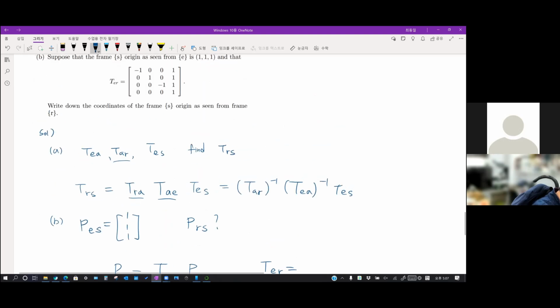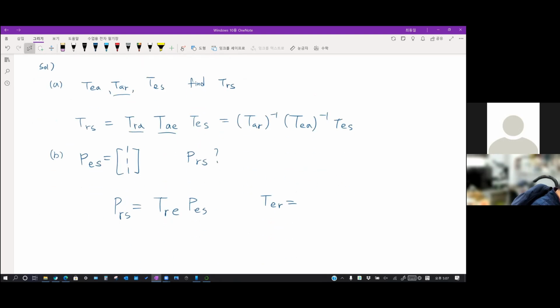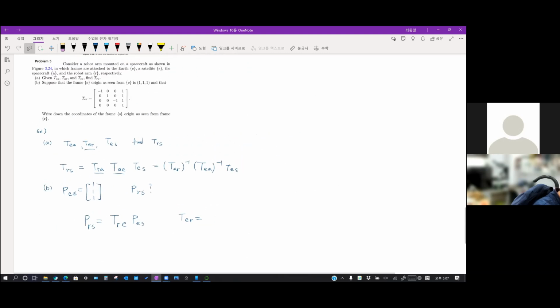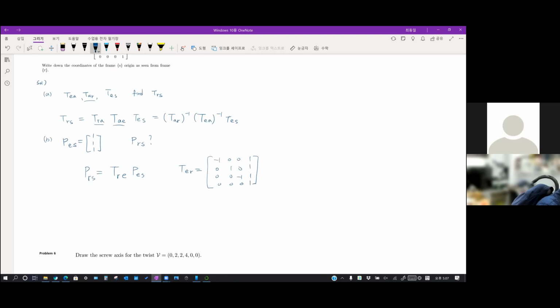TER is equal to -1, 0, 0, 1, 0, 1, 1, 1, -1, 1, 1, 1, 1, 1, 1, 1. In the case, we should find TER inverse. So this one is the transpose of this one, minus 1, 0, 0, 0, 1, 0, 0, 0, minus 1, 0, 0, 0, 1.